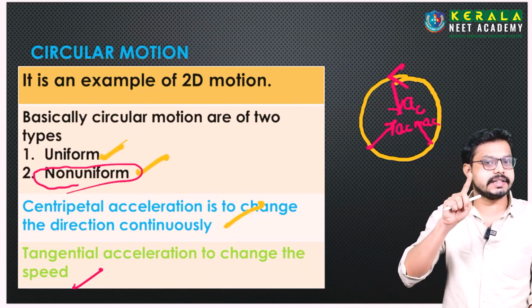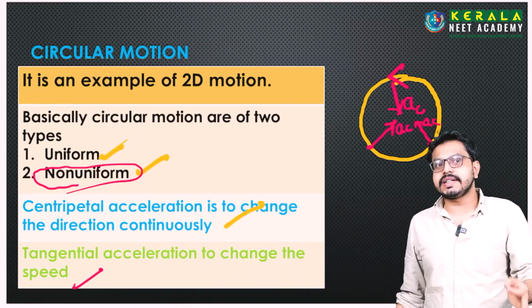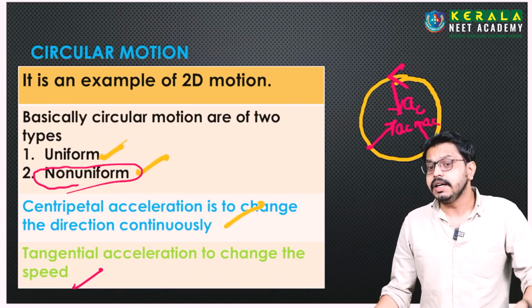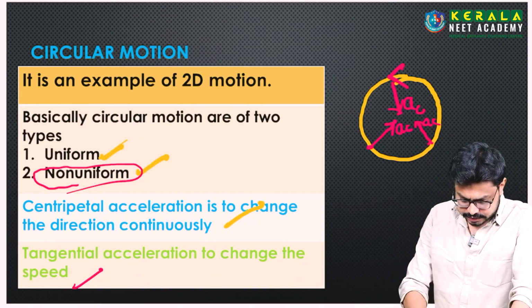It is an instantaneous acceleration. At each instant, centripetal acceleration is acting towards the center. If a body is moving along a circular path and you take this point, the direction of acceleration is towards the center: AC, centripetal acceleration.